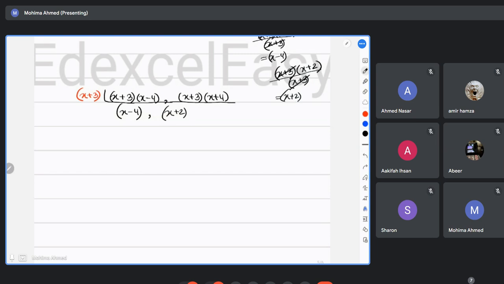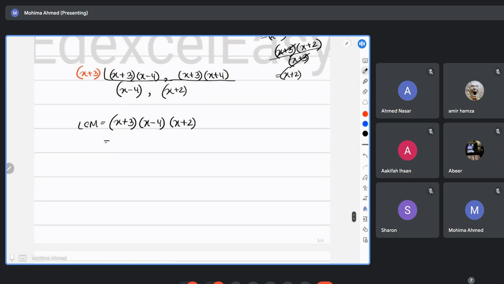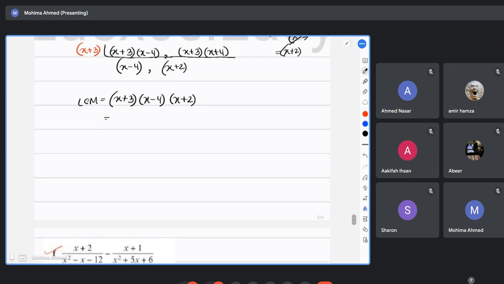So for that part, LCM, we are now going to get x plus 3, x minus 4, and x plus 2, which is going to be what? I'm not going to multiply this. I'll just keep it like this and then use it in my equation. So I'll just carry this.